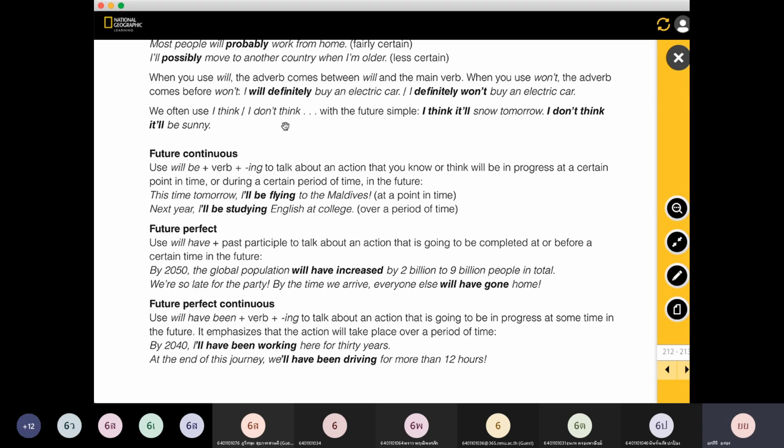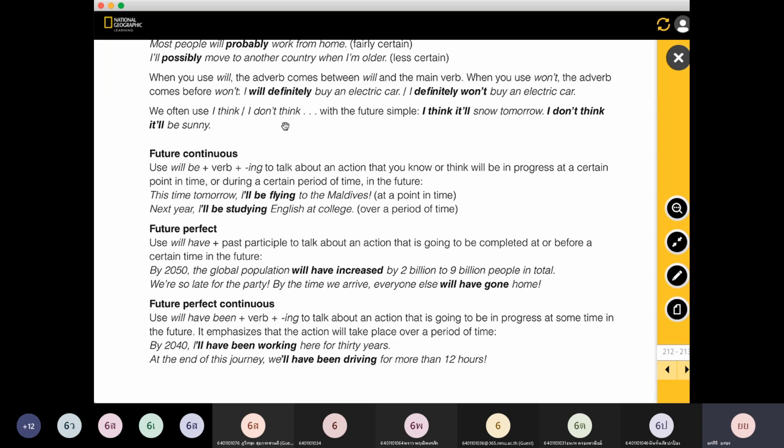Next, we talked about prediction already, right? When we predict something, we can use the future continuous to express a prediction, or to express an action that will be continuing at a specific point in the future.